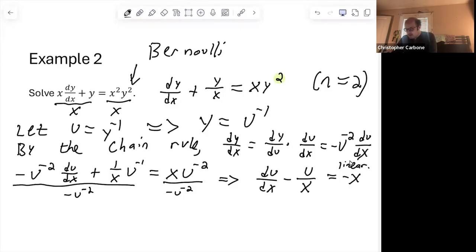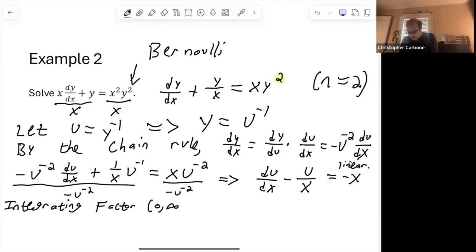So because of this, we're going to use an integrating factor. This is going to be on the interval from 0 to infinity, but we don't want to include the 0 as our interval that this is going to be under.